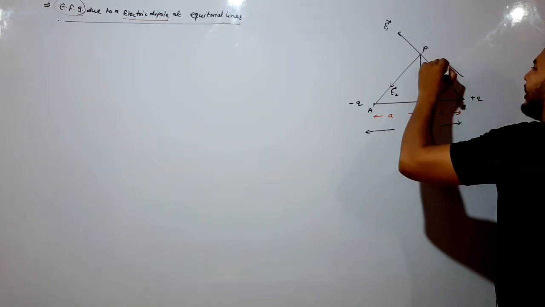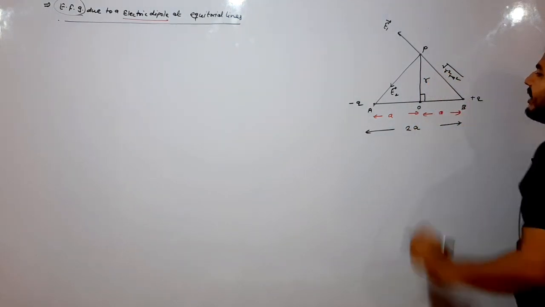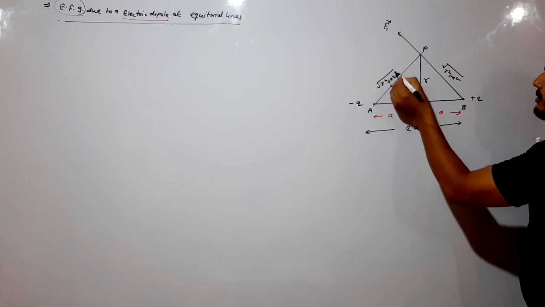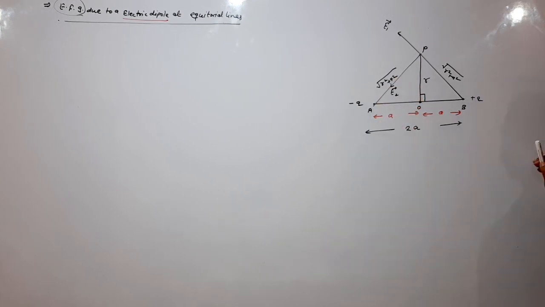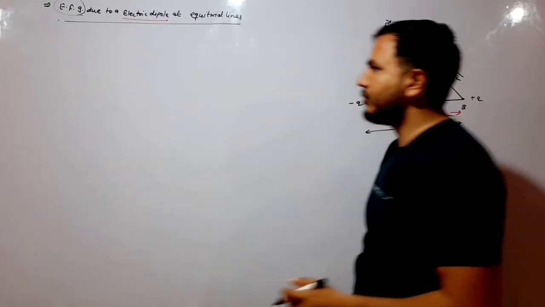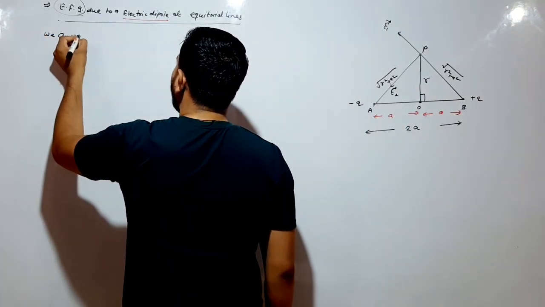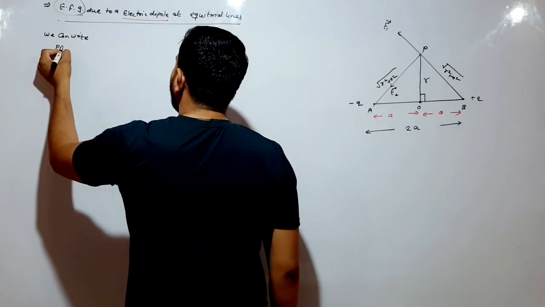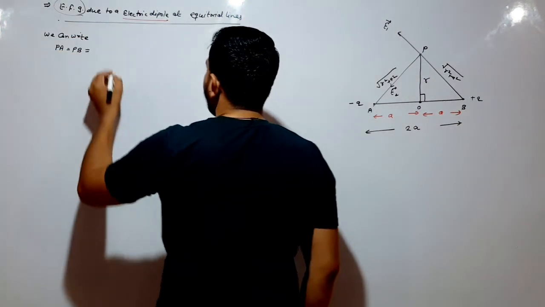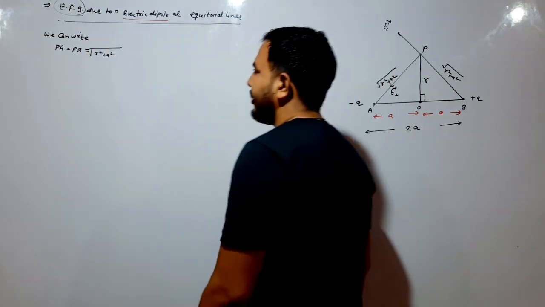Hence, hypotenuse is under root r square plus a square, here also under root r square plus a square, because of Pythagoras theorem. So we can write PA is equal to PB is equal to under root r square plus a square.